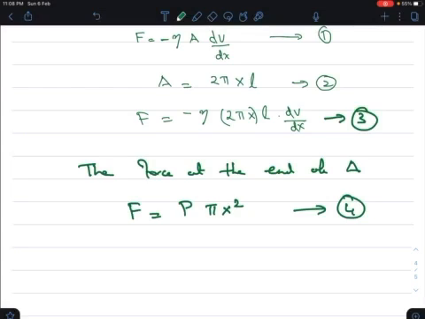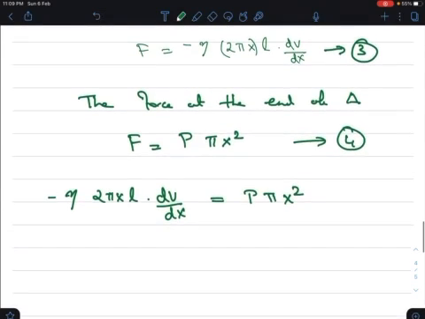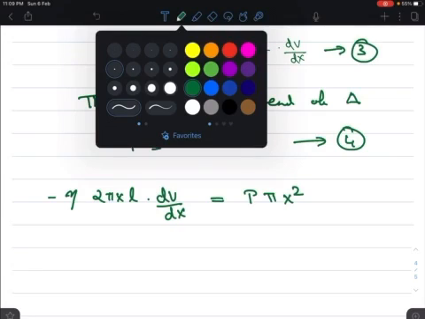Therefore, now you have 3 and 4. Both are forces acting, so now we can equate them as minus eta 2 pi x L into dV by dx is equal to P into pi into x square. So what is my dV by dx? You can cancel many things here.